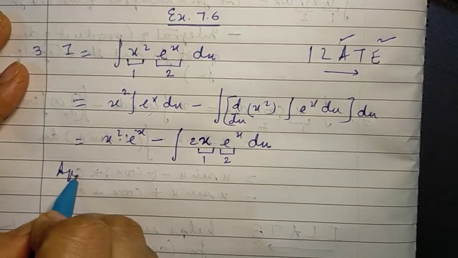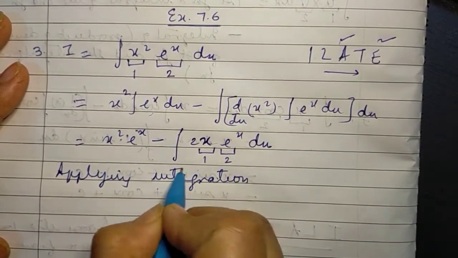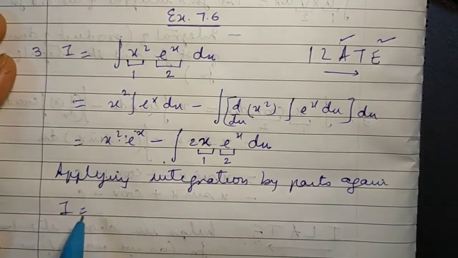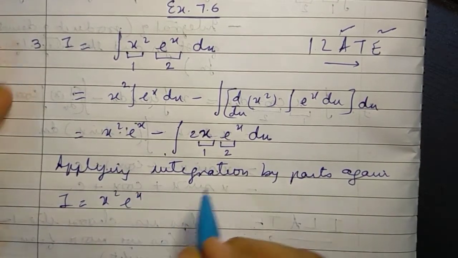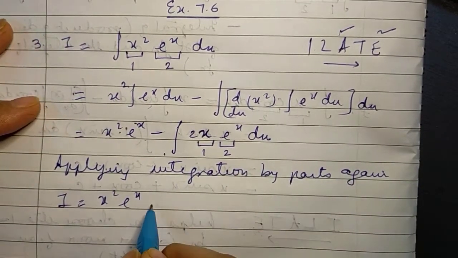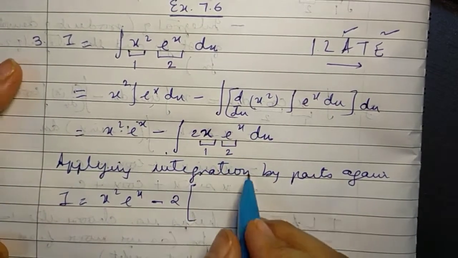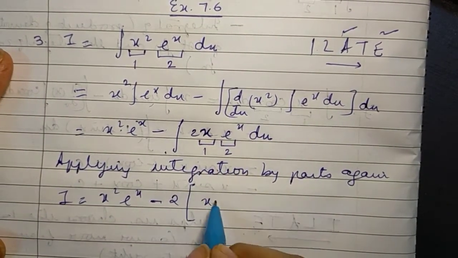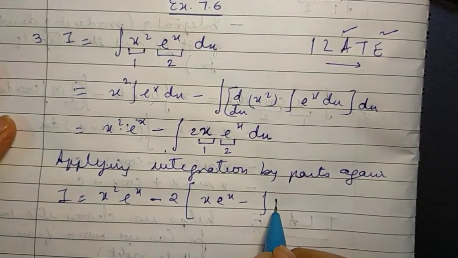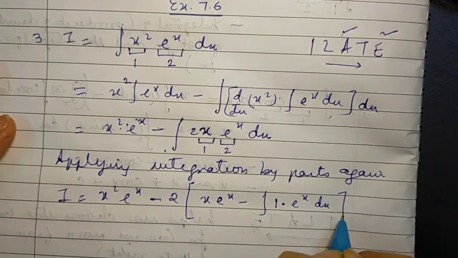So we have to apply integration by parts again. I is equal to x squared e raised to power x as it is, and we will put the constant c only towards the end. Minus 2 is outside. Now x e raised to power x: first function into integral of the second, which is e raised to power x, minus integral of derivative of the first function, which is 1, into integral of the second function, e raised to power x, into dx.